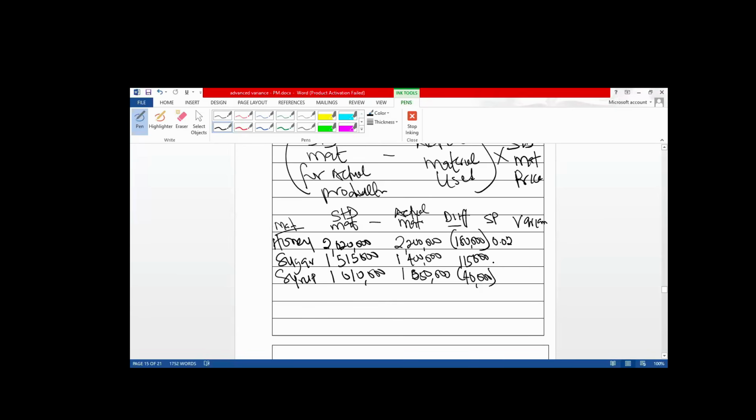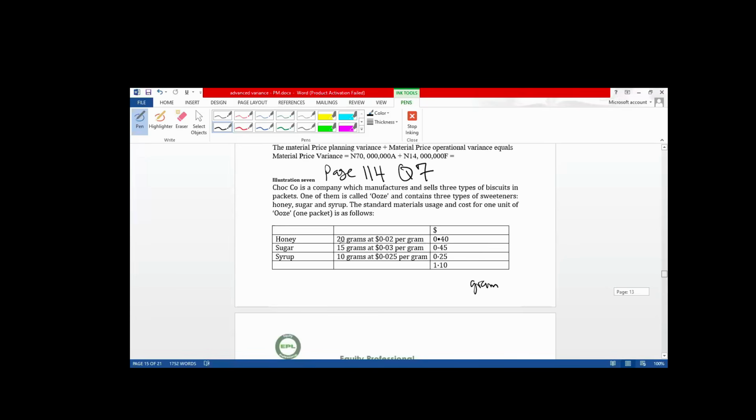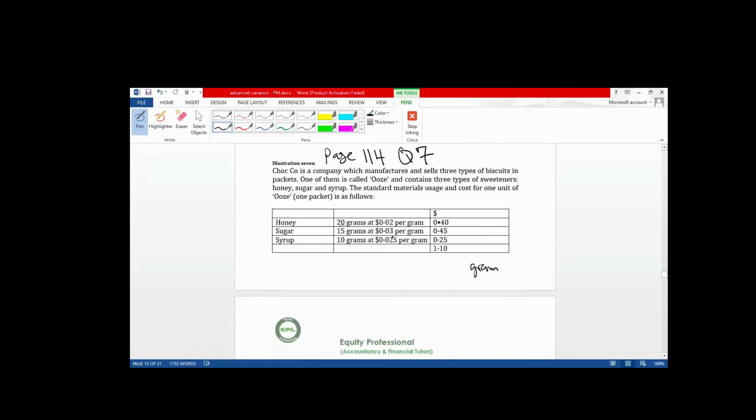This question too is ACCA. So when you are picking your cost, know the cost to pick. There's cost per kilogram, there's cost per unit. If you are dealing in kilograms, pick cost per kilogram. Now I'm dealing in grams, 0.03. The last one, 0.025.